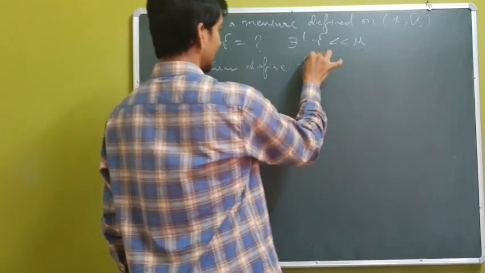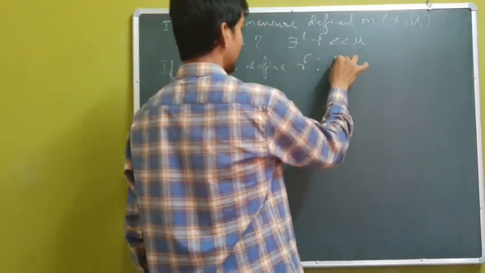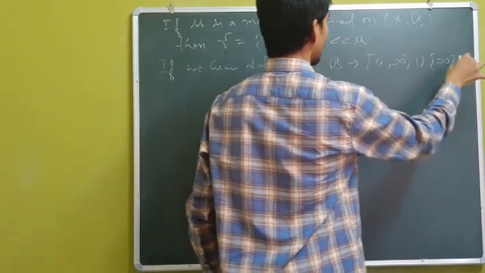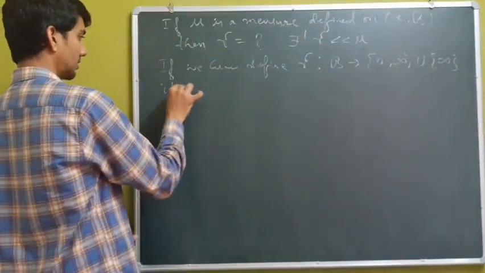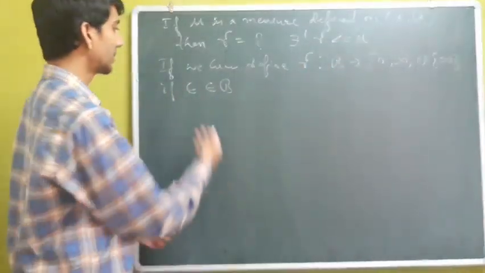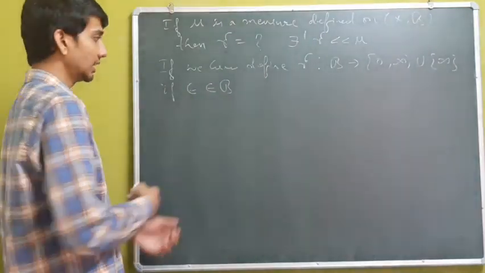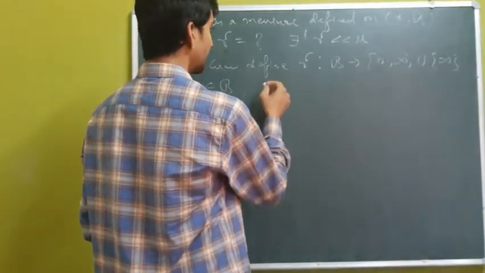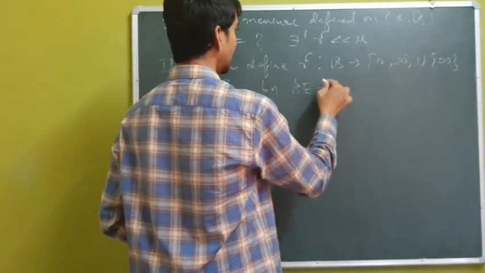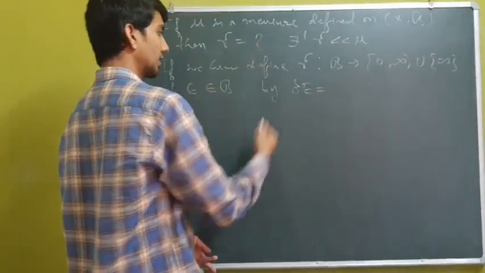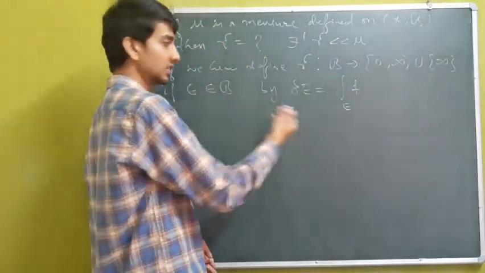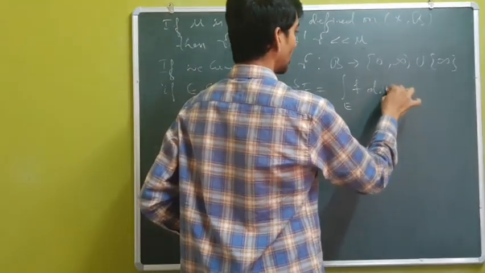we can define gamma as a map from B to [0, infinity], where B is the sigma algebra. If I take a set E in B, then define the map by gamma of E to be the integral of f over the set E with respect to mu.